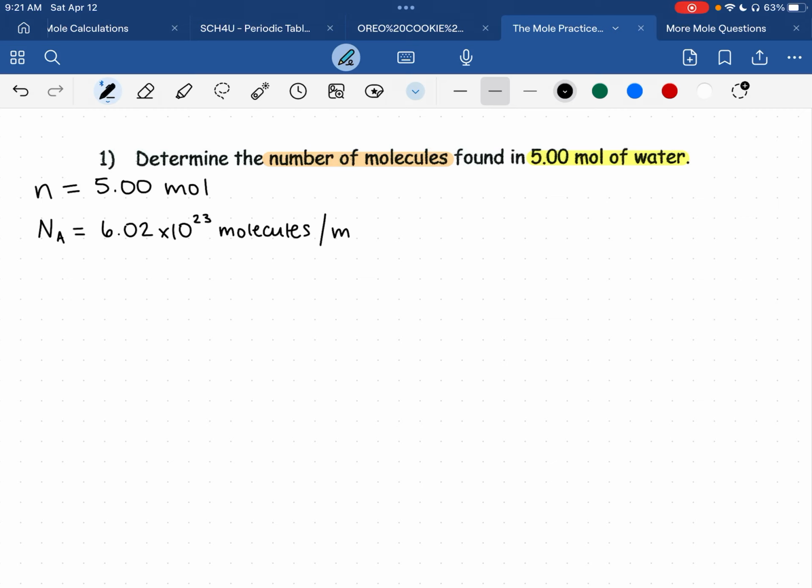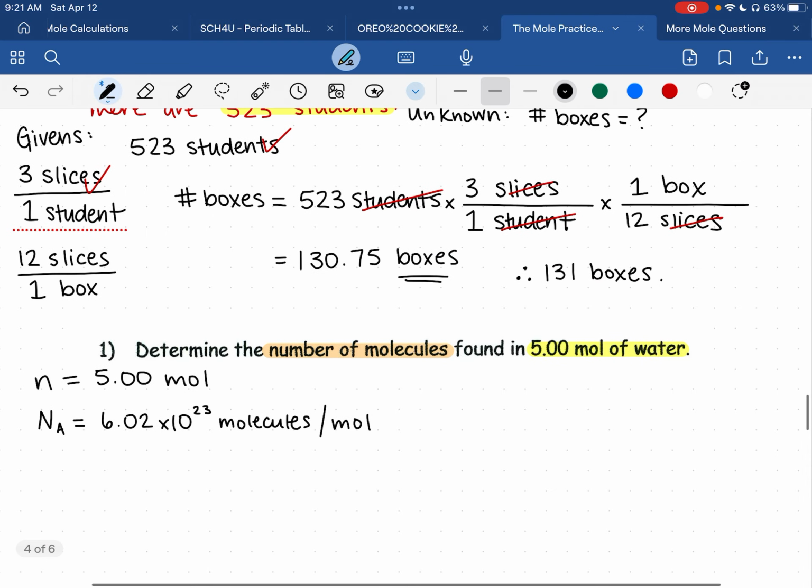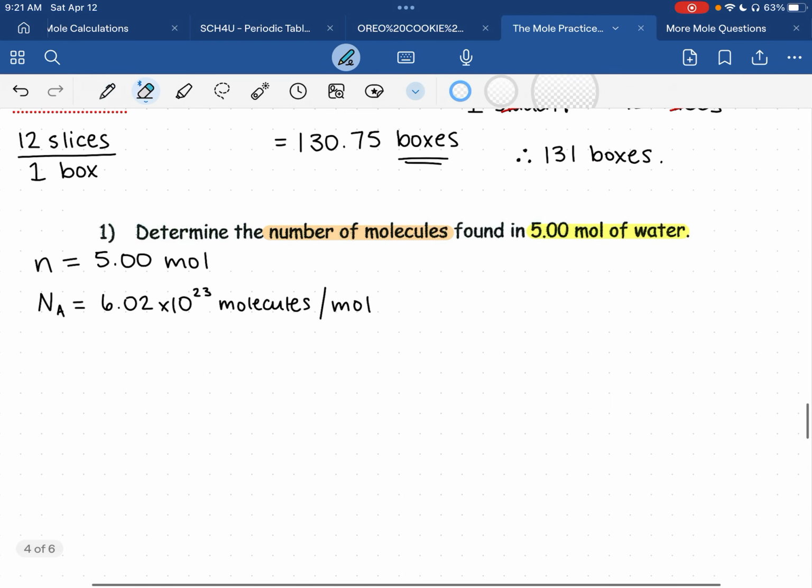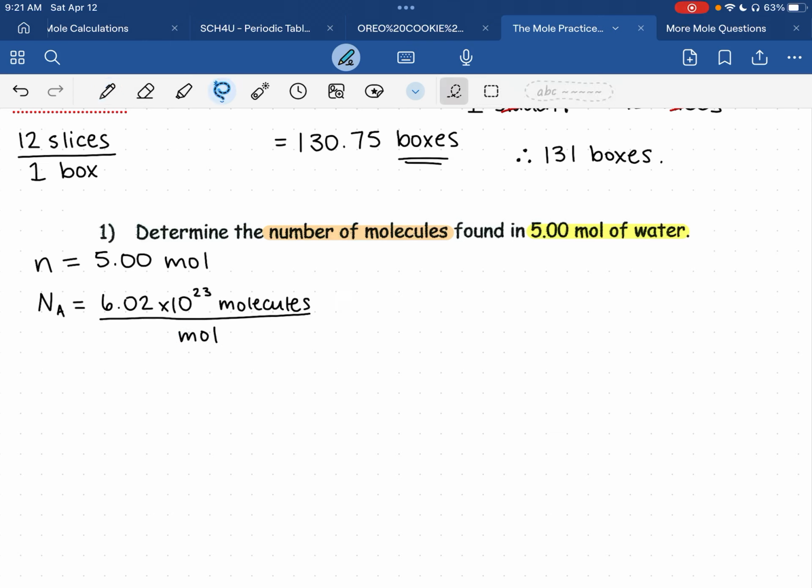I could have written this like I did above, with the fraction, or per mole, or I could have written it as per 1 mole. Whether or not I choose to write the 1 doesn't matter. It's the same thing.